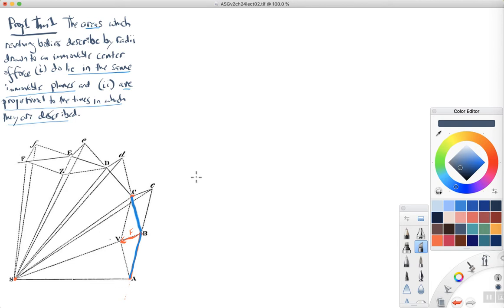So let's look at triangle SAB and triangle SB little c. So we're going to be looking at these two triangles, and let me color code them. So triangle SAB, that is this one right here.